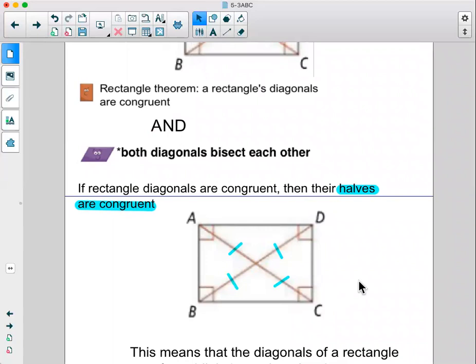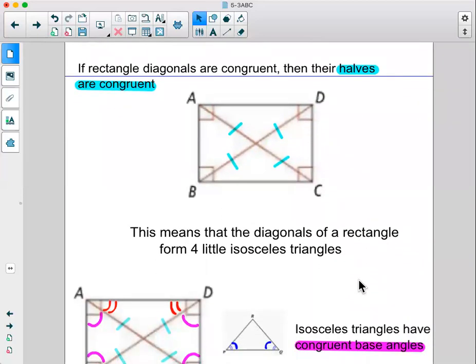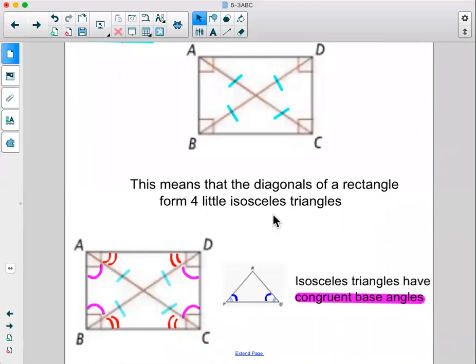And look at what that implies. When you have a rectangle, the diagonals chop each other into congruent parts, and so four little isosceles triangles are formed. And if we have isosceles triangles, the base angles are congruent.